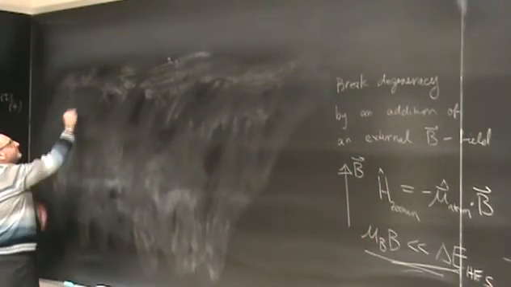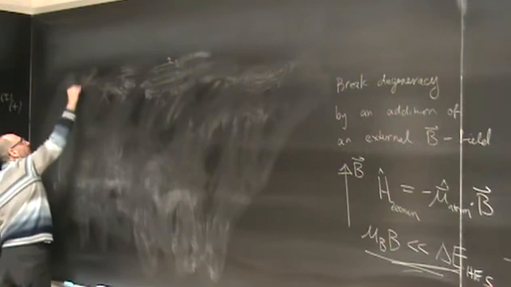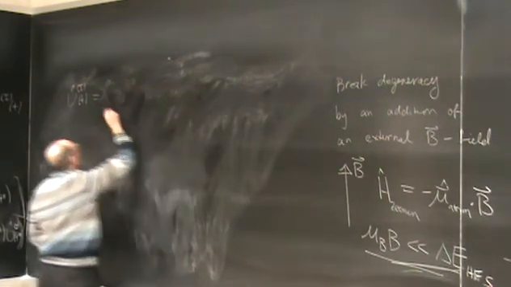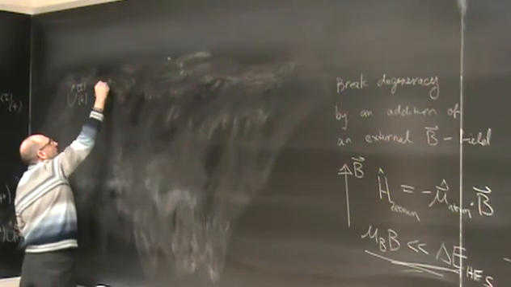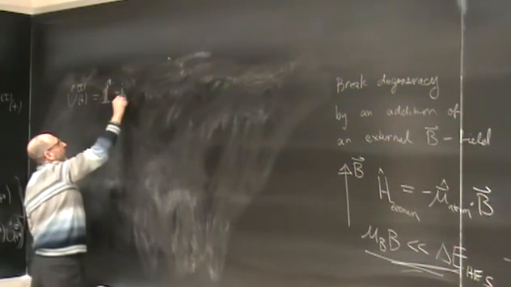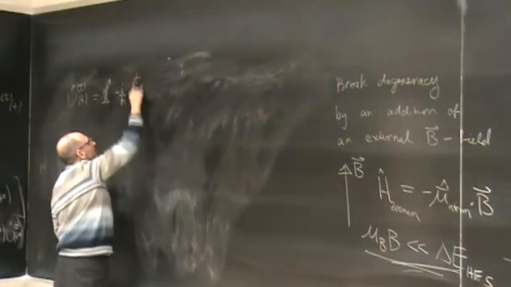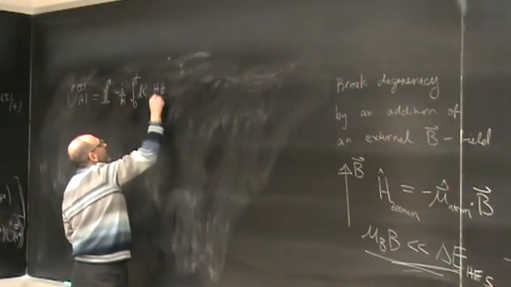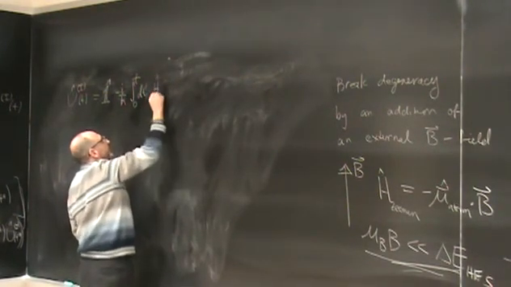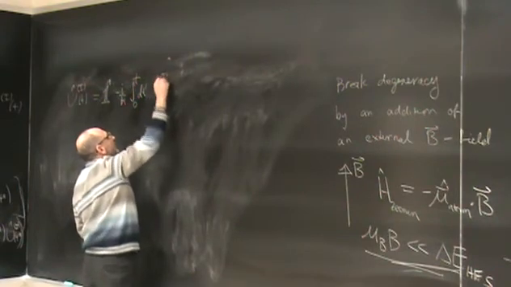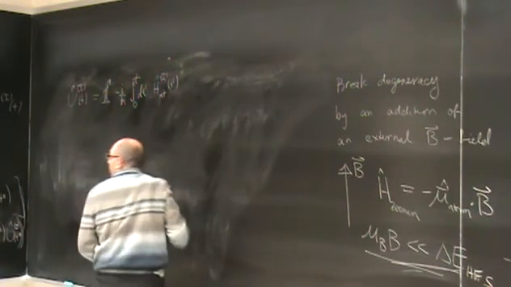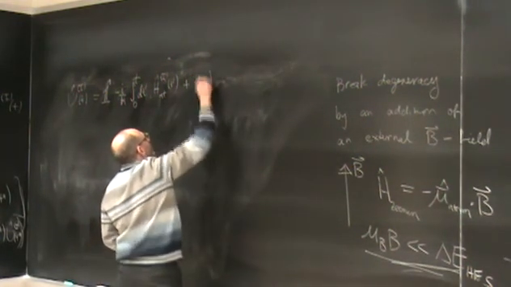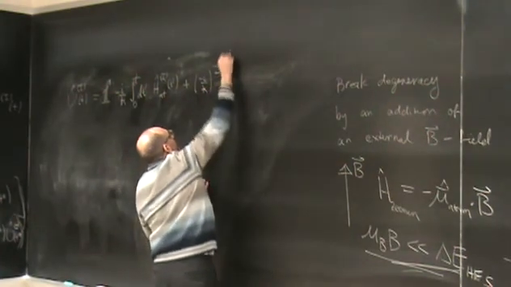That means that the time evolution operator in the interaction picture is equal to the identity minus i over h bar integral 0 to t dt prime H in the interaction picture at t prime. So this, and then I have plus minus i over h bar squared integral 0 to t.